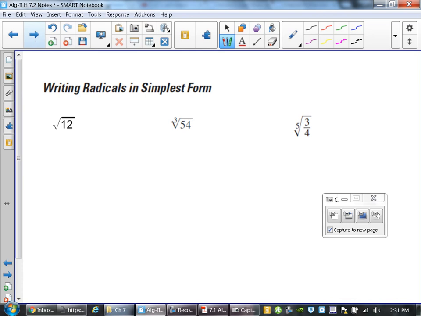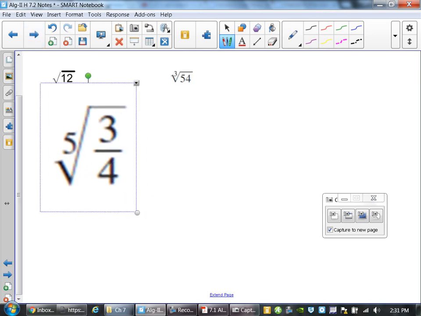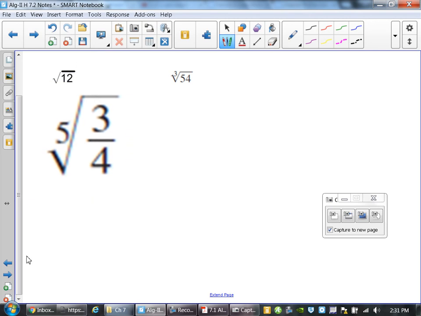Let's try this one then, and then I'm going to give you back your stuff. I get the 5th root of 3/4. Why do you make things so easy for us? So if I go 5th root of 3/4, I'm going to start the problem by splitting it up into numerator and denominator.